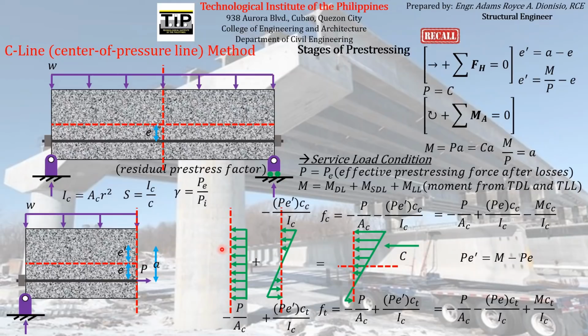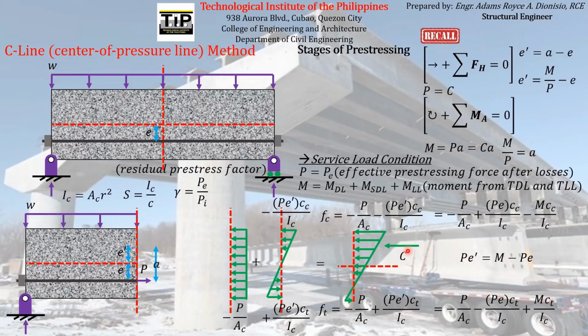It is the same as the total compressive force we discussed a while ago. If you get the sum of these flexural stresses, you will get the same magnitude with the same location of the total compressive force, at a certain distance from the centroid. So they are just the same.